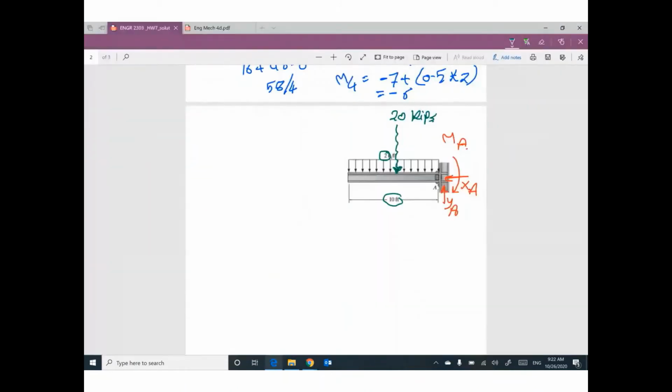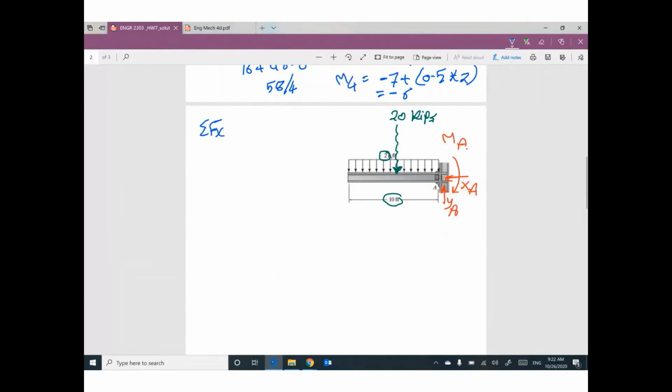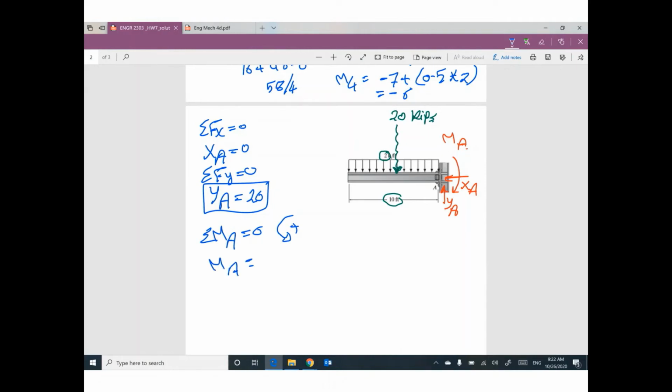So I'm going to apply summation Fx equals 0, XA will be 0. Summation Fy equals 0, YA equals 20. Summation moment at A equals 0. Assume this direction is positive. I believe MA will be 100 kip foot.